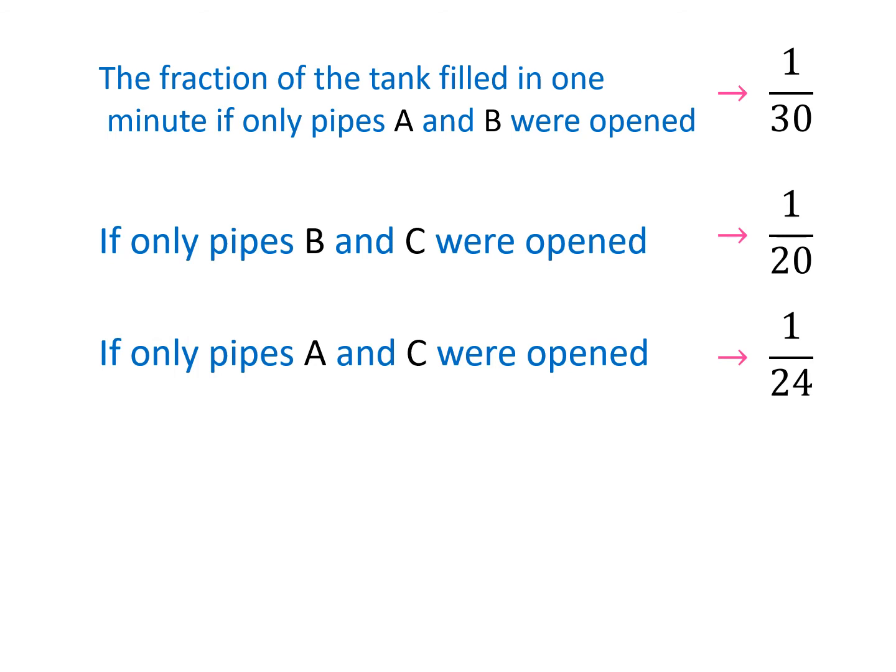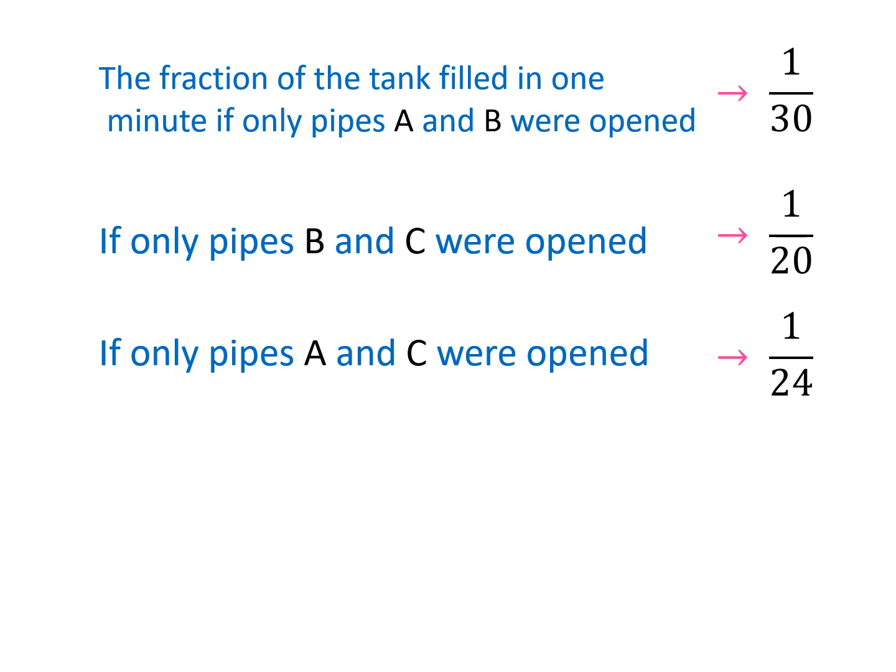When you add these three fractions, two A's will be included, two B's will be included, and two C's will be included. That means if you add these three fractions, you will get one fraction which shows the fraction that will be filled if 2 times A, 2 times B and 2 times C were opened.